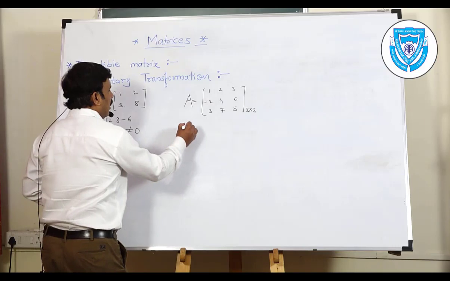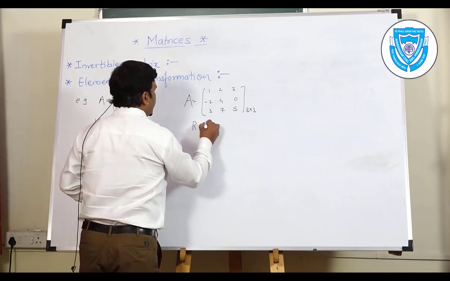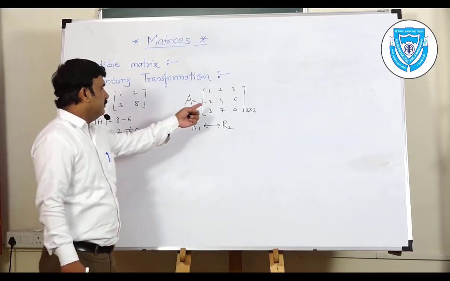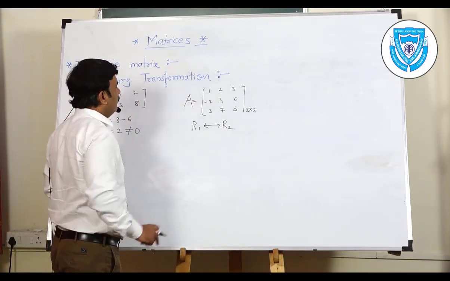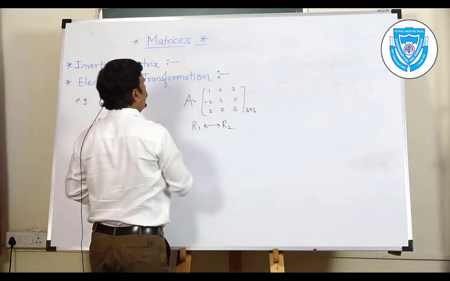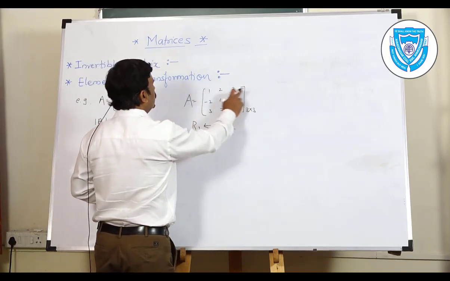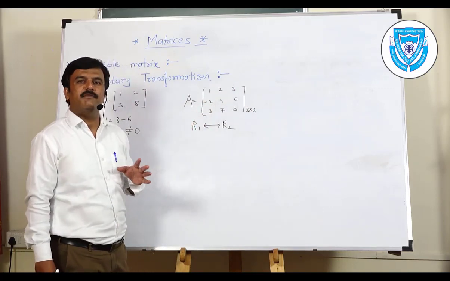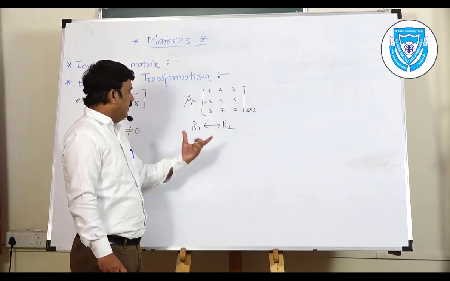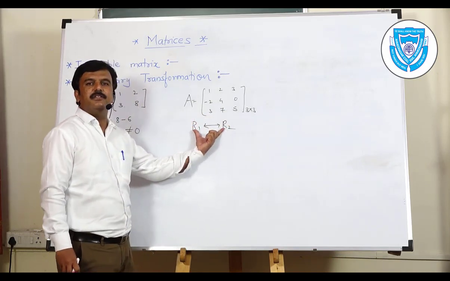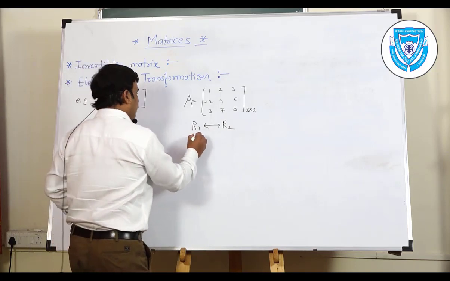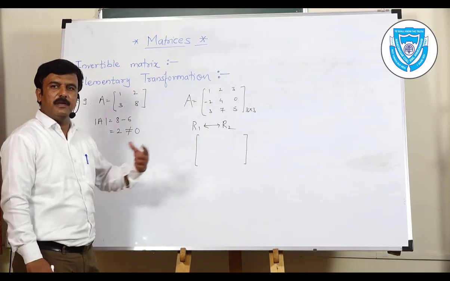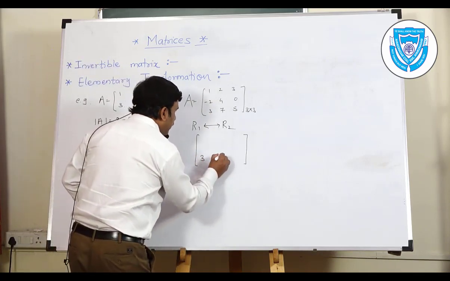Let's see, R1 interchange R2. We can perform this operation on this matrix A. In this matrix, the elements of the first row are 1, 2, 3, the elements of the second row are minus 2, 4, 0, whereas the elements of the third row are 3, 7, 5. We are asked to interchange the first two rows. After performing this operation, the third row will remain as it is, that is 3, 7, 5.